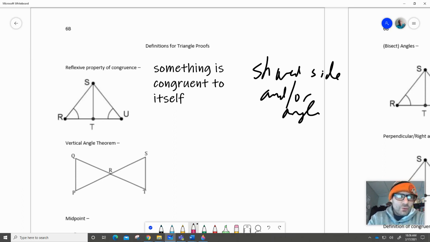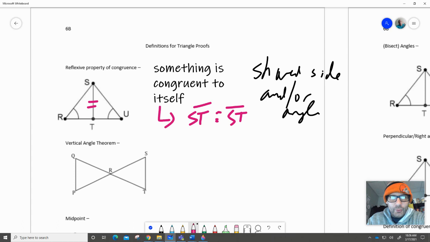For instance, these two triangles, RST and UST, share that side ST. Since they share that side, we could say by the reflexive property of congruence that ST is congruent to ST.